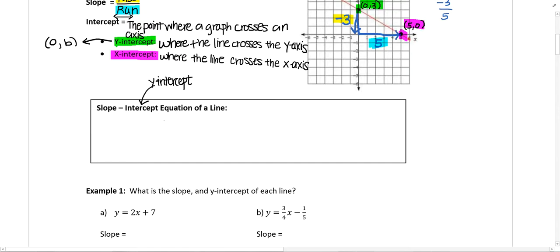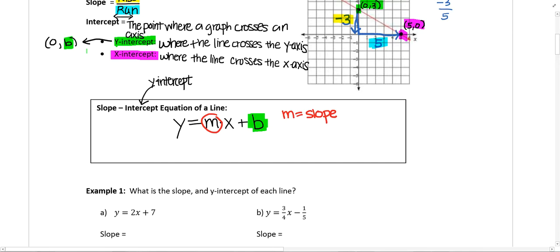The slope-intercept form of an equation has y all by itself on one side, equals m, which represents slope, times x, plus b. So m is the slope. And as we already mentioned, b is the letter we use to represent the y-intercept of a line.